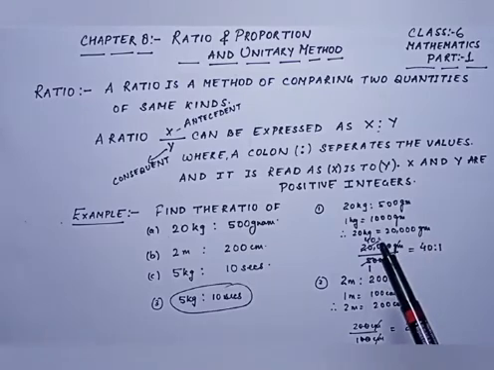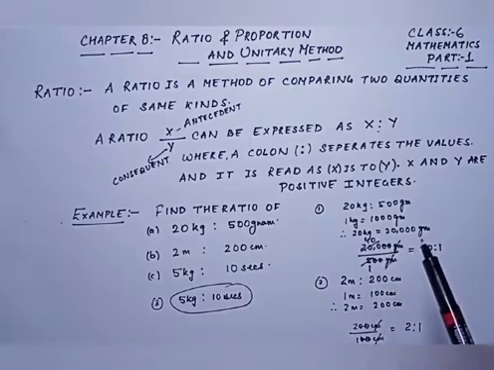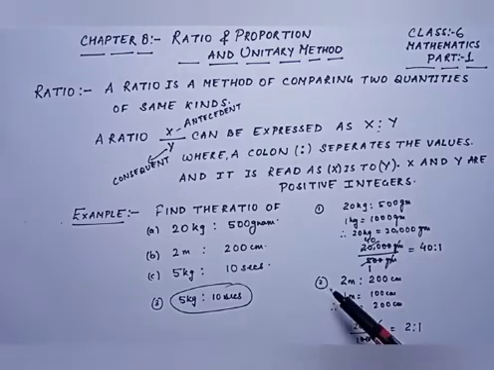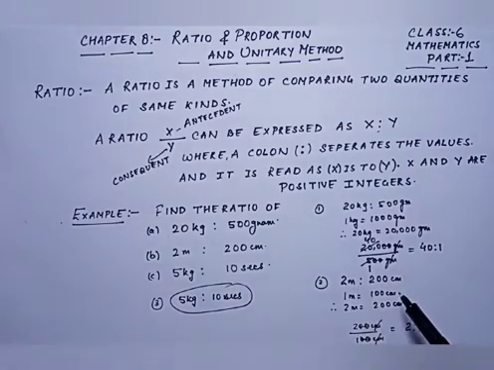When we compare, we get a ratio of 40 is to 1. Let us move to another example, that is 20 meter is to 200 centimeter. As we all know, 1 meter is equal to 100 centimeter, so 2 meter is equal to 200 centimeter. When we simplify it, it will come 2 is to 1.